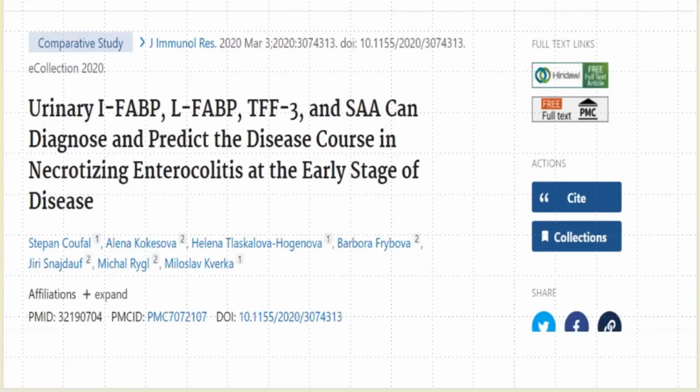In one study, they combined urinary intestinal fatty acid binding protein, liver fatty acid binding protein, trefoil factor 3 and serum amyloid A. They found it a good indicator for detecting early NEC, for predicting whether we need a surgical intervention or not, and for the progress of the disease.